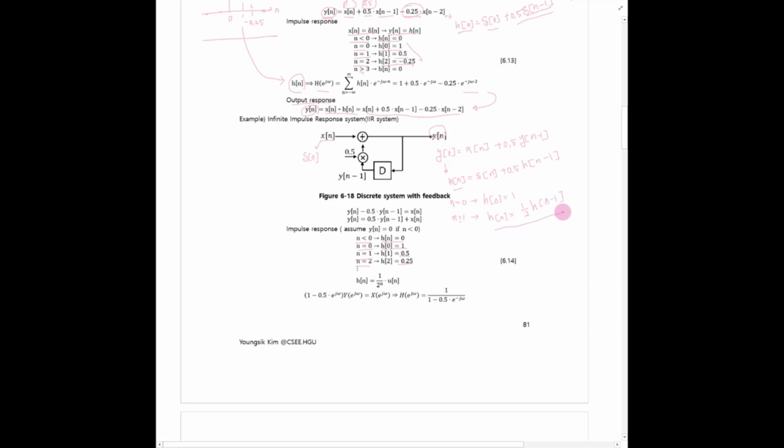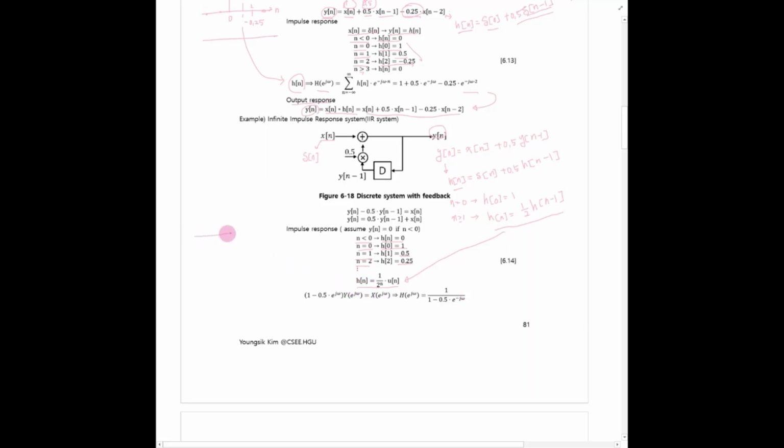This sequence is just a power series, so in general terms we give it this way. It's a power series. The ratio is 0.5. Okay, so we get the impulse response of this one.